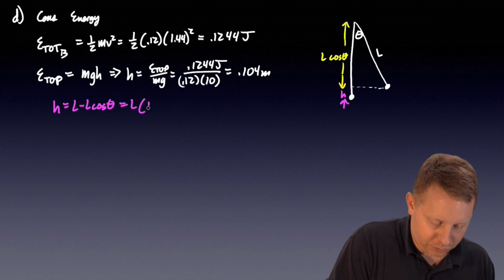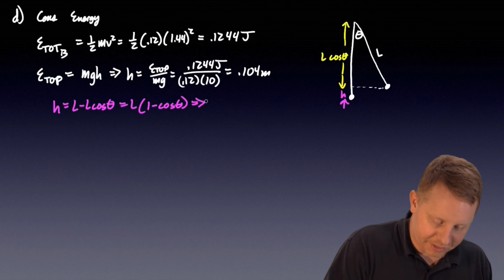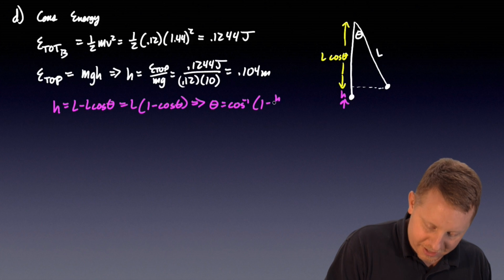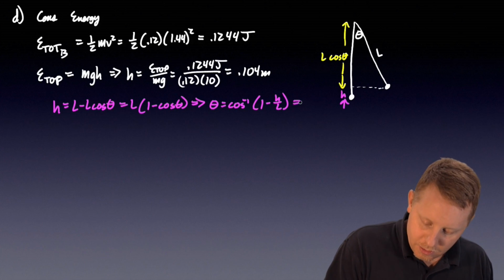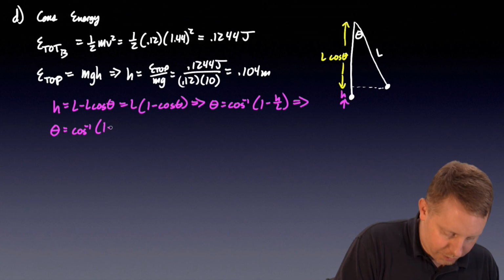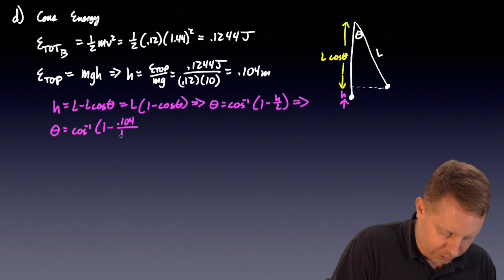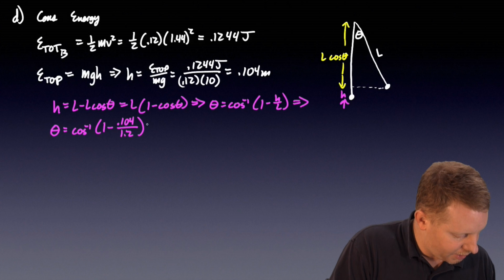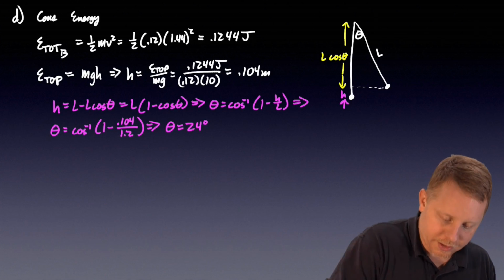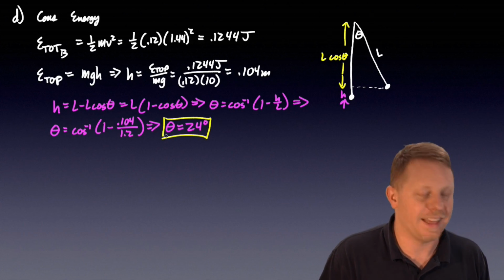Factor out the L, that's 1 minus the cosine of theta, which implies then that theta must be the inverse cosine of 1 minus h over L. That's the inverse cosine of 1 minus our h, 0.104 meters, over L, the total length of our string, 1.2 meters, and I come up with a theta, an angle, of about 24 degrees. All right, that covers part D.